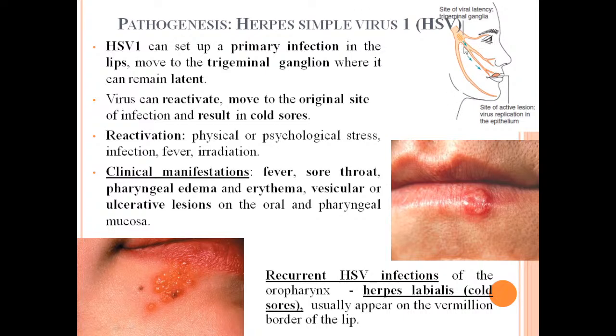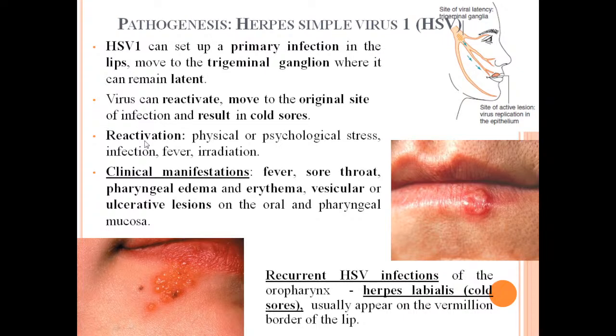And the virus moves through peripheral nerves to the original site, to the lips, to the mouth. This sore may occur in the mouth, for example, in the lips, next to the lips on the skin. Why is the virus reactivated?